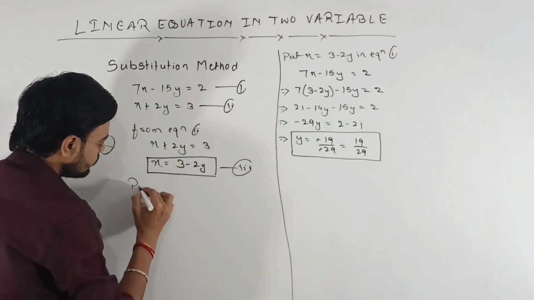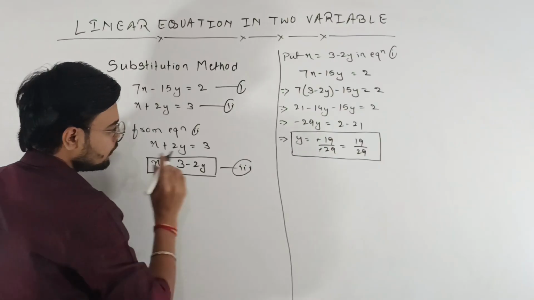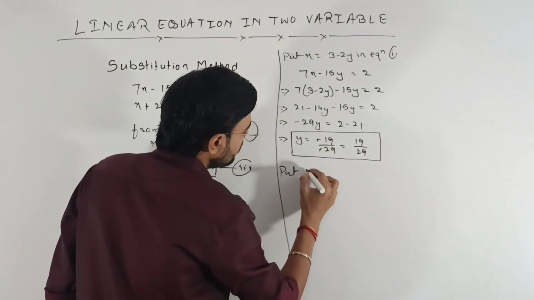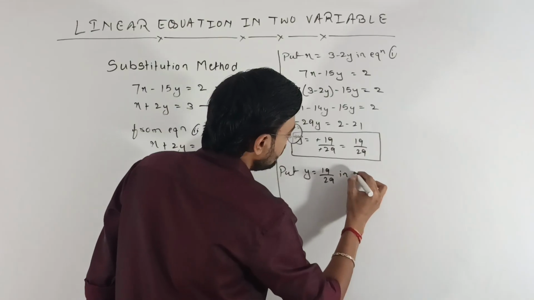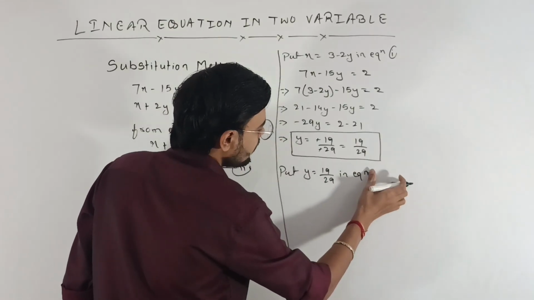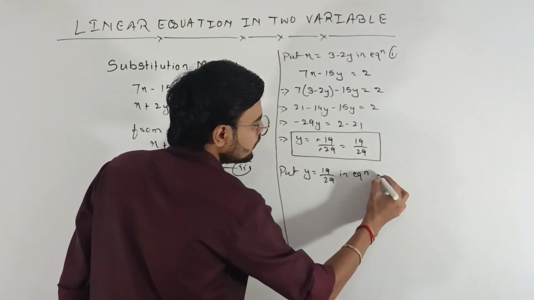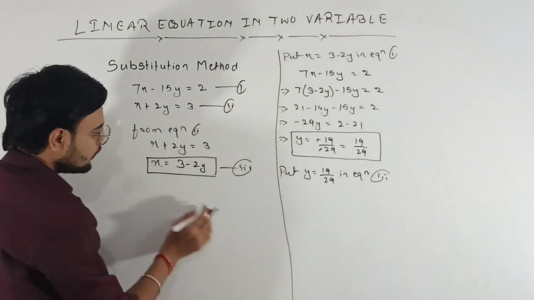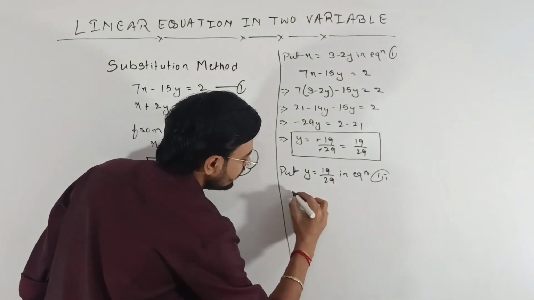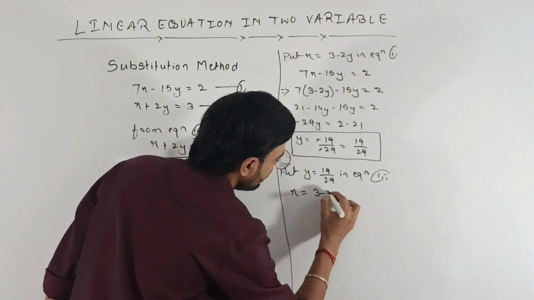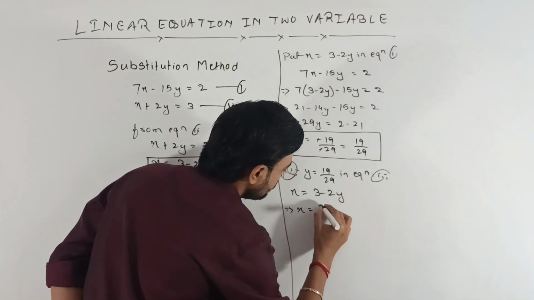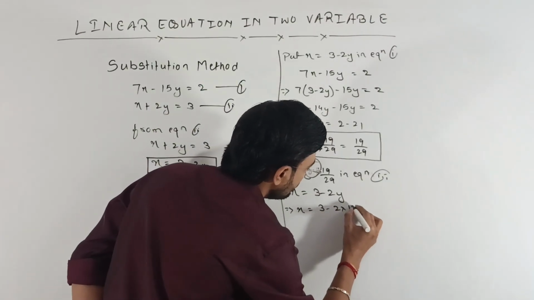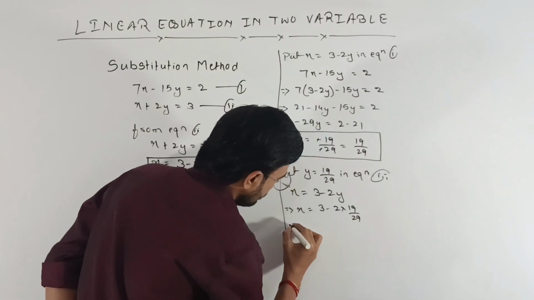Now look here. Put y = 19/29 in equation 3. Equation 3 is x = 3 - 2y. So from here, x = 3 - 2 into 19 upon 29.